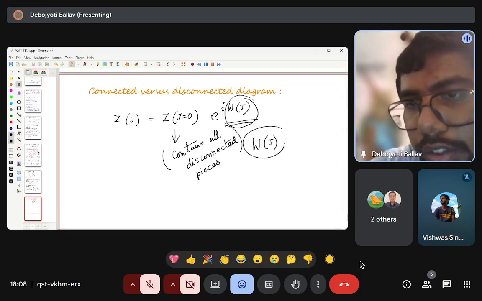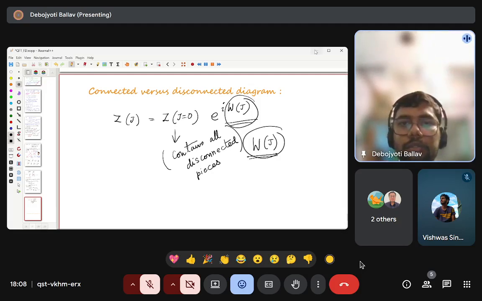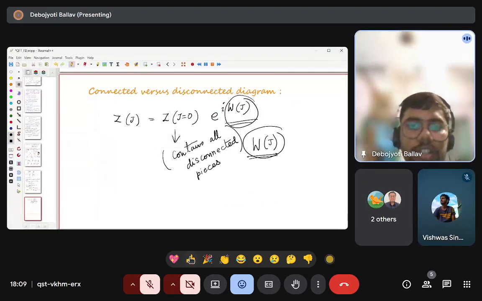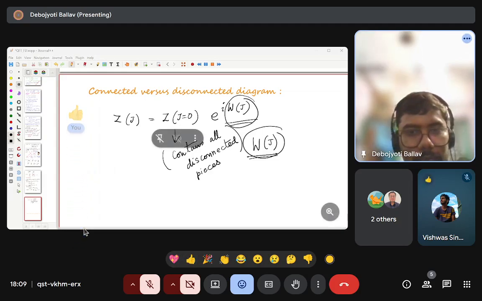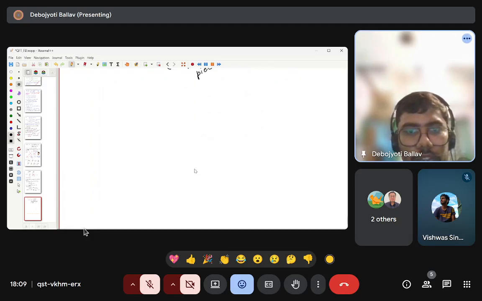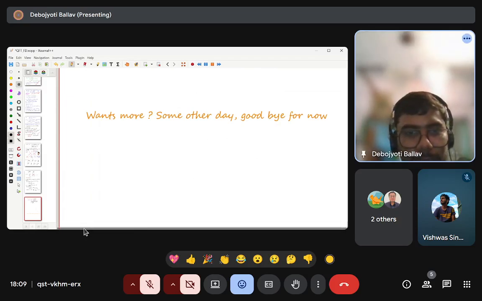If you know what this W of j is, then you can extract the connected pieces which actually contribute to your scattering processes in quantum field theory, and you can calculate the decay rates, the cross section, the scattering amplitude, the S-matrix, and all those things. So that's it. That's what I wanted to tell you. If you want more, some other day. So goodbye for now.